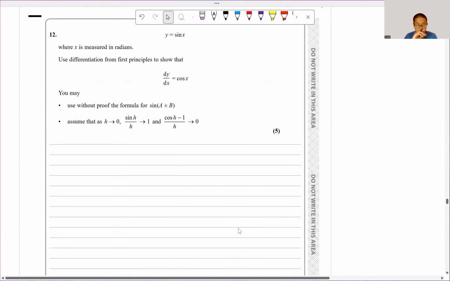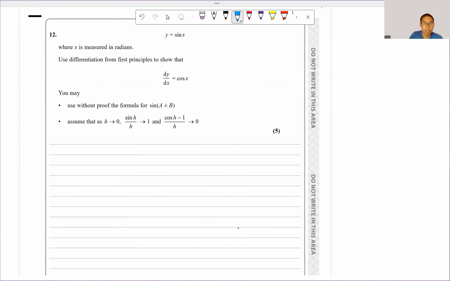Question 12. Okay, this is the first principle. For first principles, let me just write the formula down in case you need it. f'(x) is equal to the limit as h goes to 0 of (f(x plus h) minus f(x)) all over h.